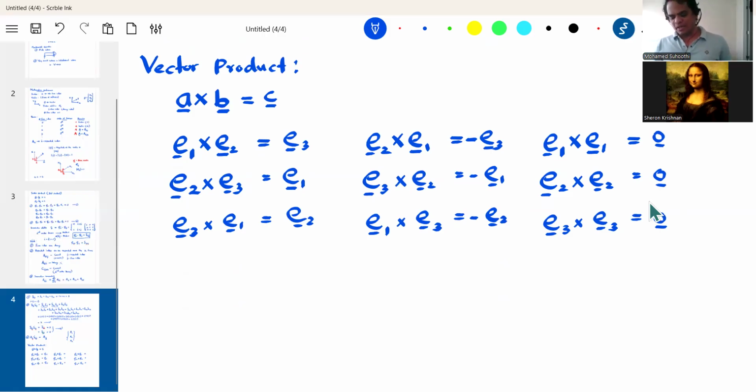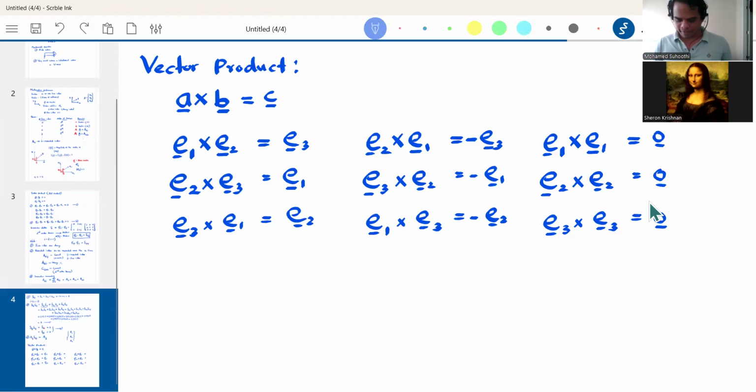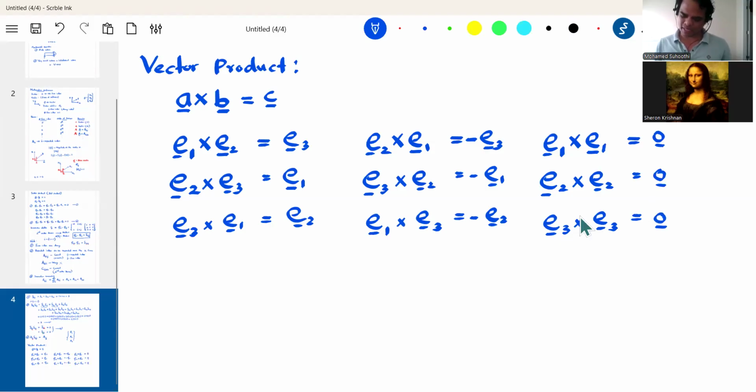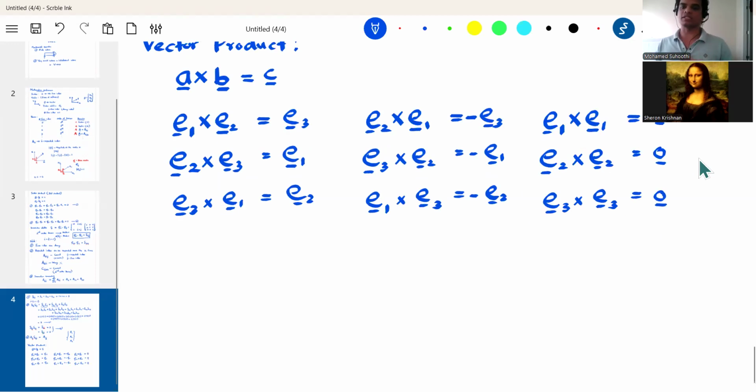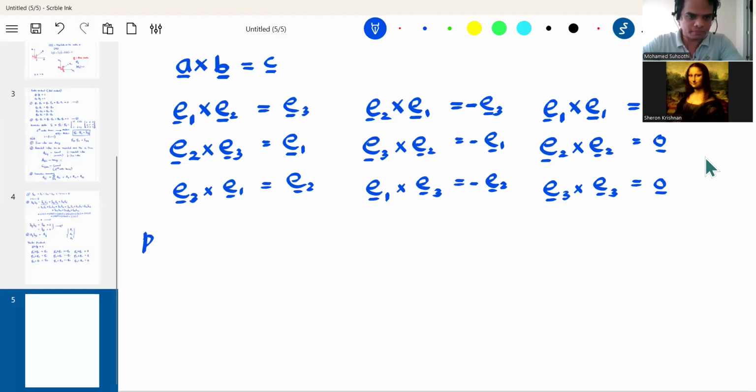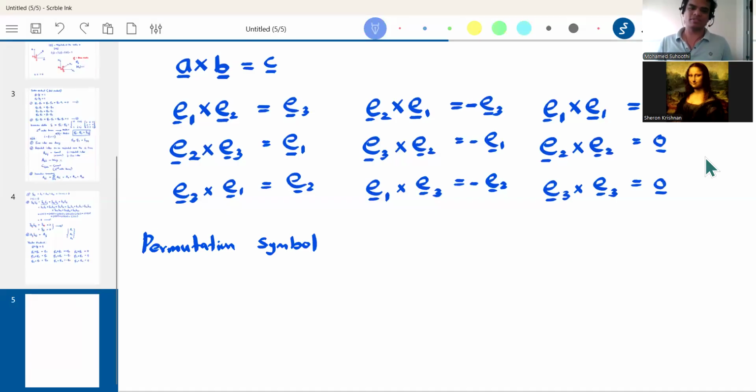Now, like we define symbols such as the Kronecker delta, here we combine all these findings into a single symbol that is called the permutation symbol. Let me check what notation I want to use here. I'll use this notation.